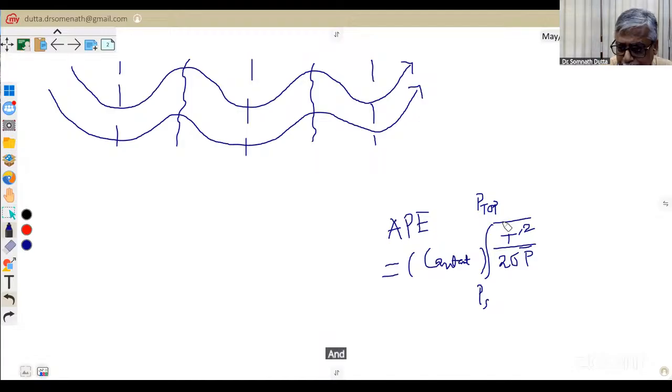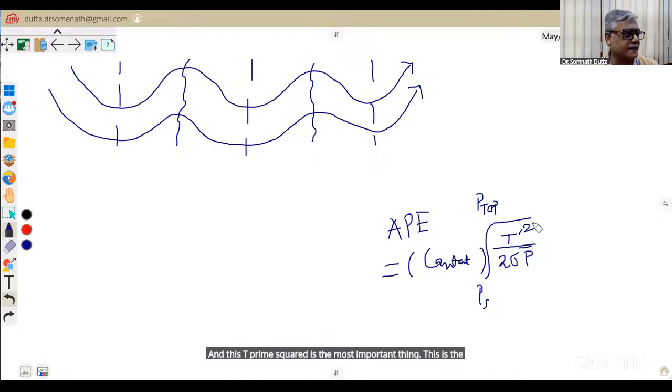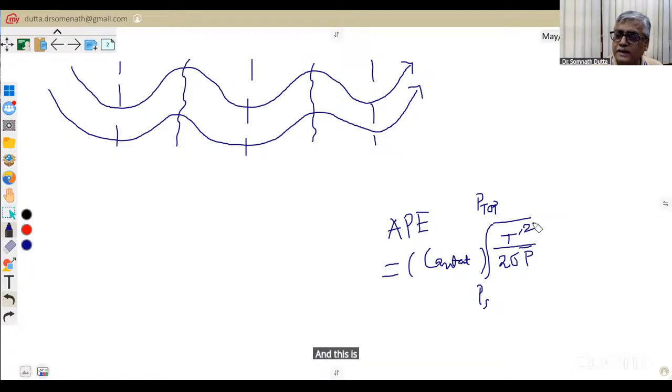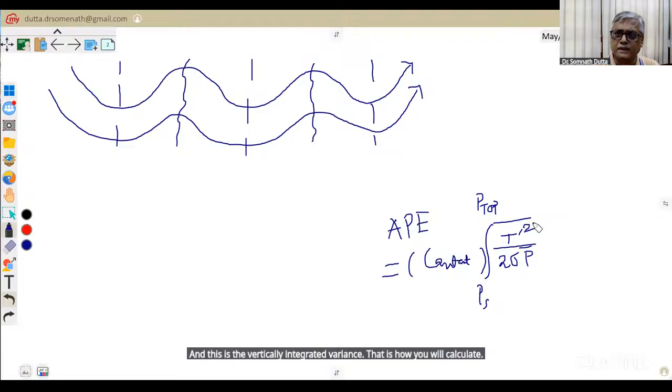And this T prime square is the most important thing. This is the variance. We all know how we calculate variance. And this is the vertically integrated variance. How will you calculate it? Very simple thing. Let us take first one level, the 1000 hPa level.